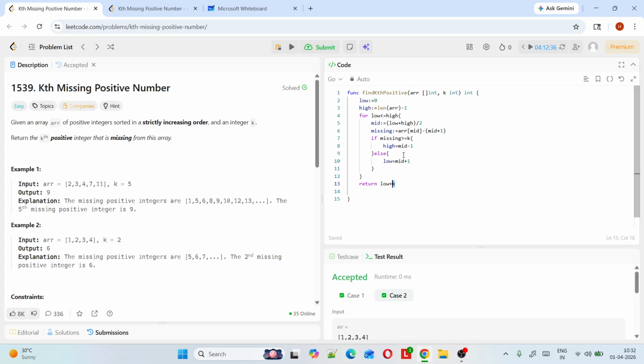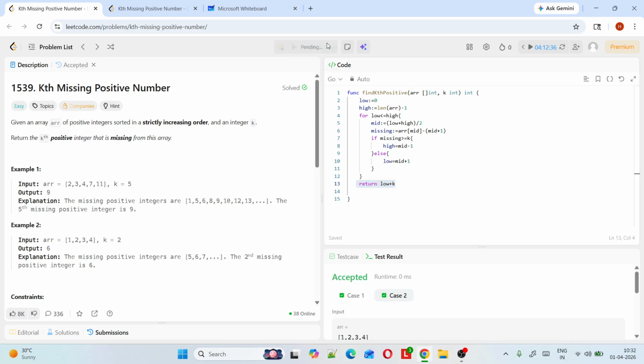In this way you get the first index where your missing count is greater than or equal to 5. If you take that value plus the missing numbers, it will give the actual missing number lying at the kth position.